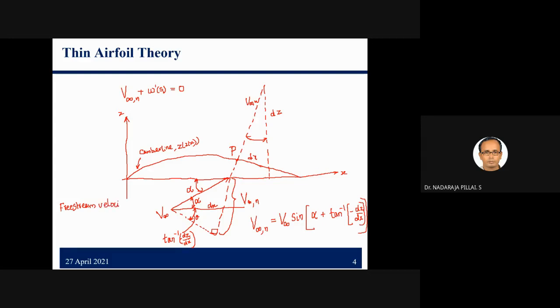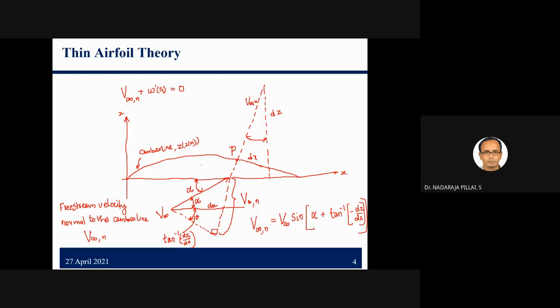The free stream velocity normal to the camber line, that is v infinity comma n. So we have arrived at v infinity comma n, which is equal to v infinity sine alpha plus tan inverse of dz by dx.